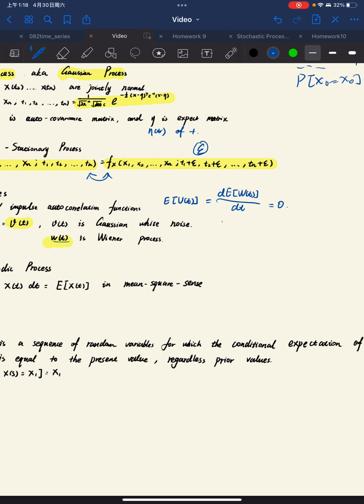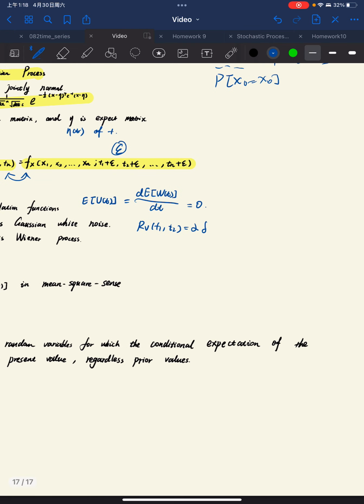The autocorrelation at times t1 and t2 is equal to some constant alpha times the impulse function of the difference between t1 and t2.